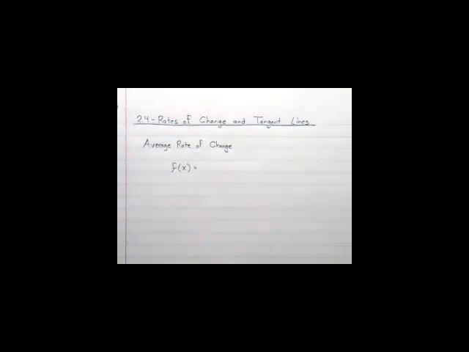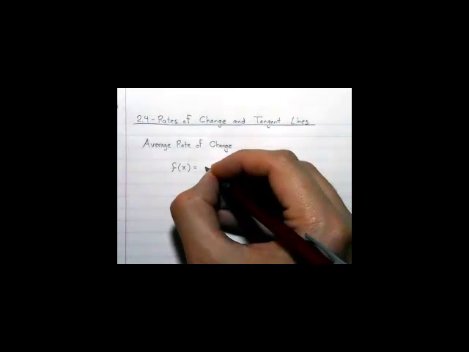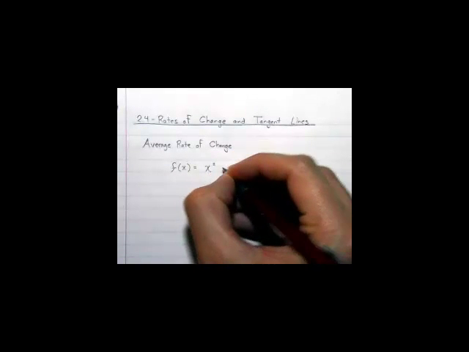We've talked about it before with the example of an object moving over time, but in general, we should be able to do this process for just some function. So we're going to change the context back into more pure math. Let's say I have the function x squared minus 5x.